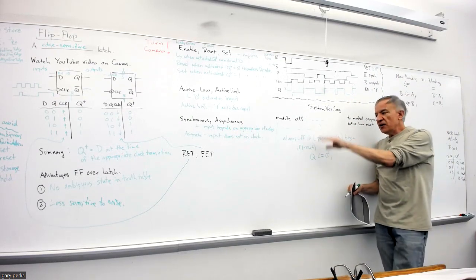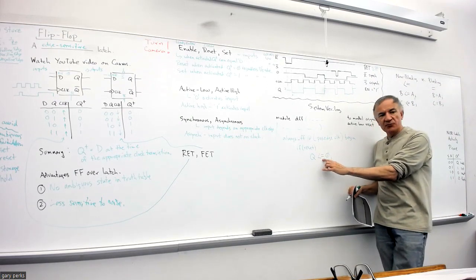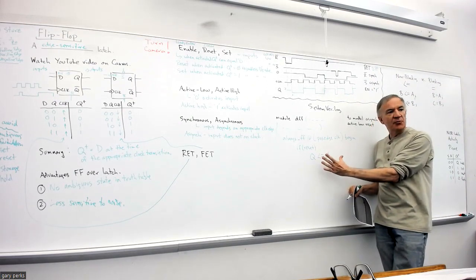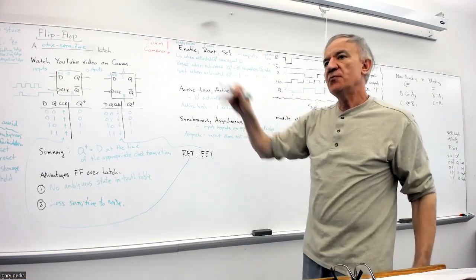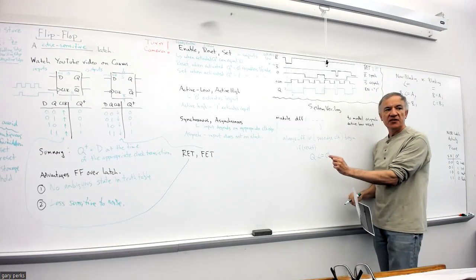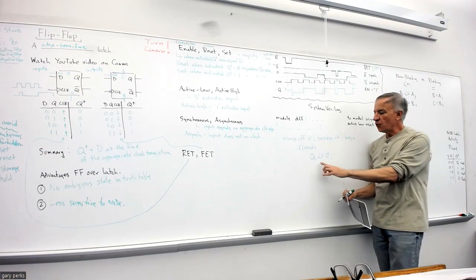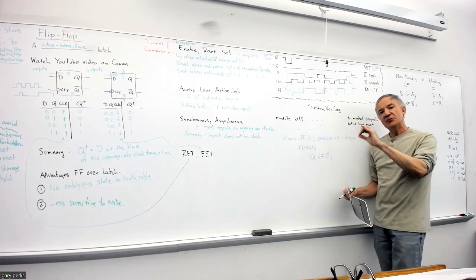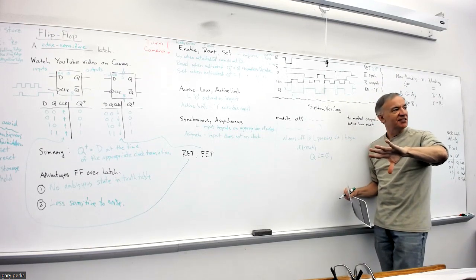Now, here's another really important point. When you have an always_FF block, you have to use the less than with the equal when you're assigning outputs. If you think back to an always_comb, when you assigned an output, you just had an equal. But if you just use an equal in an always_FF, or if you use a less than with an equal in an always_comb, that's going to cause problems.